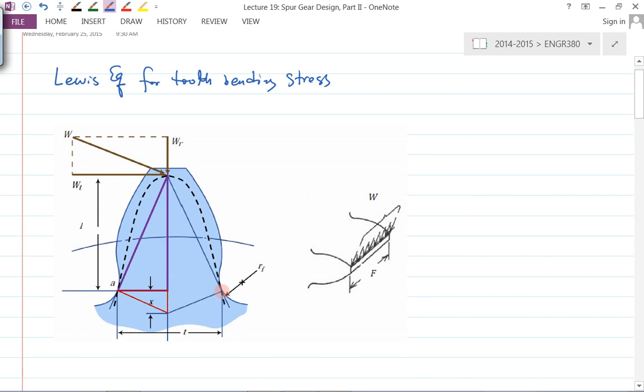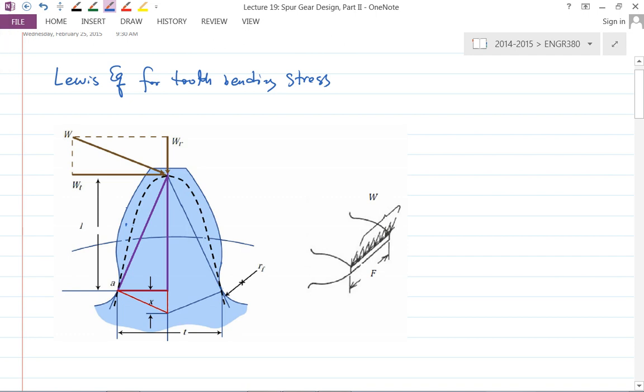Conservative meaning anywhere outside this constant strength parabola, like this location, they have less bending stress than those on the parabola.